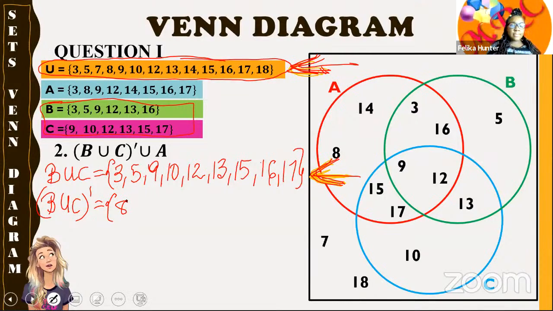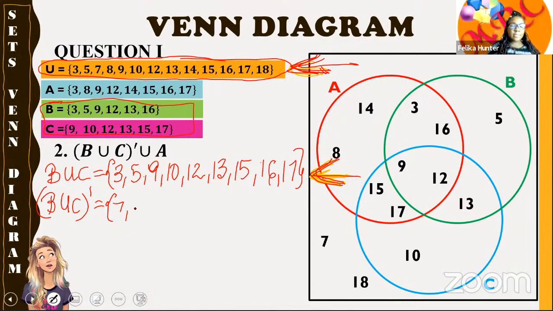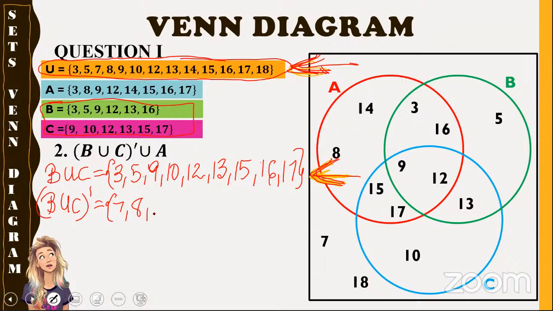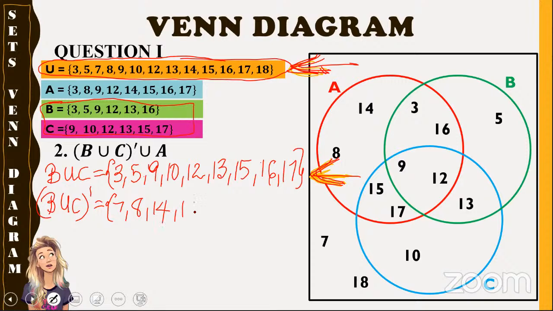Miss, you have 8, 7. Start with the smallest one. 7, then 8, 14, then 18.